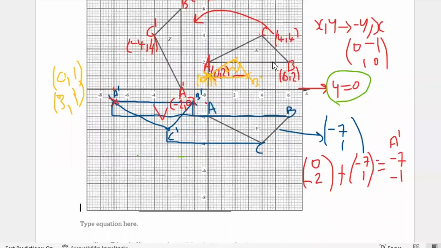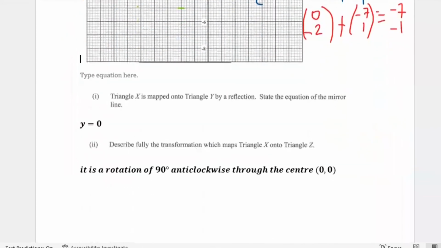Our object was X, and we're using our scale factor of a half on this, so we expected our image to look smaller, and that is how we get triangle W there. And that is the end of that question.